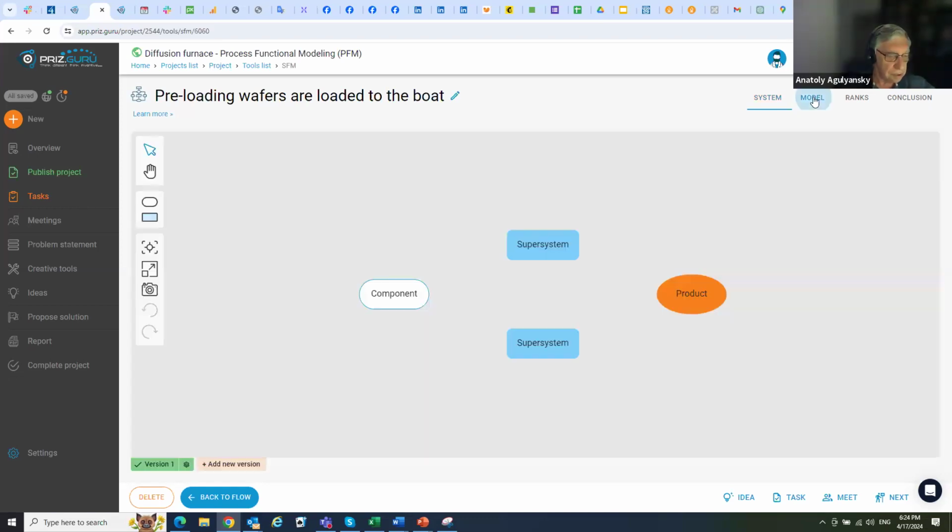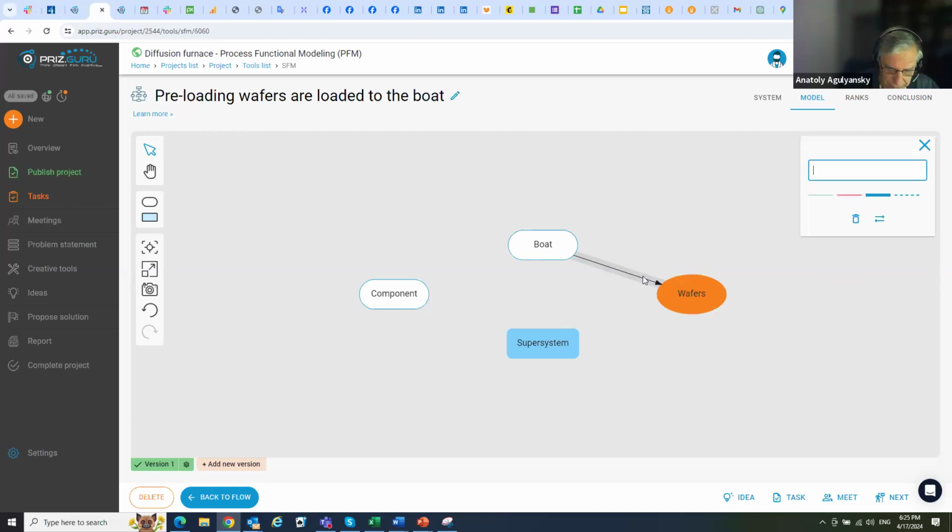Let's create a functional model. So product target, we need to move wafers. It means our product is wafers. And we don't have a super system. We have component boat. The boat keeps wafers.